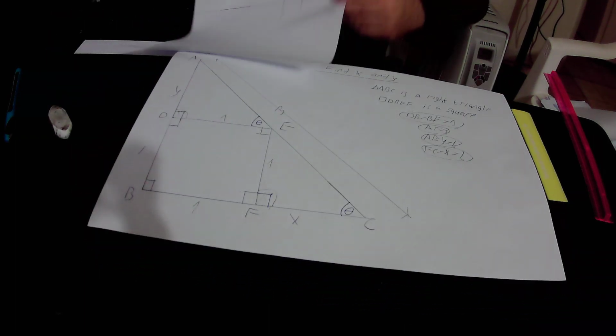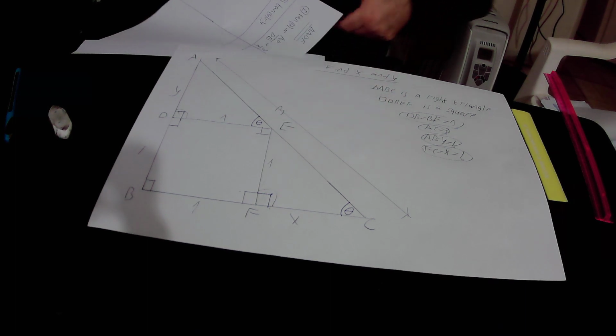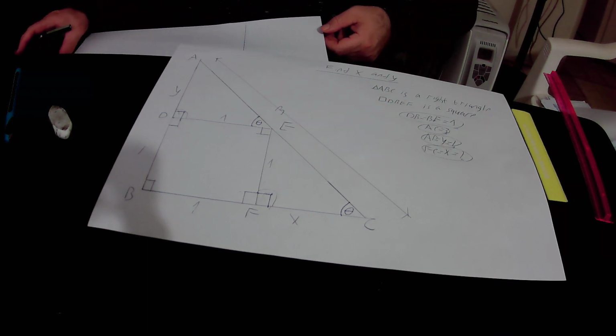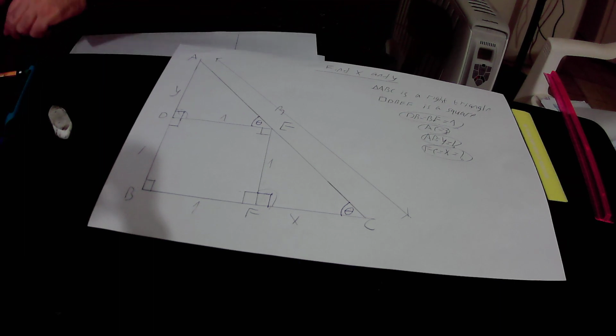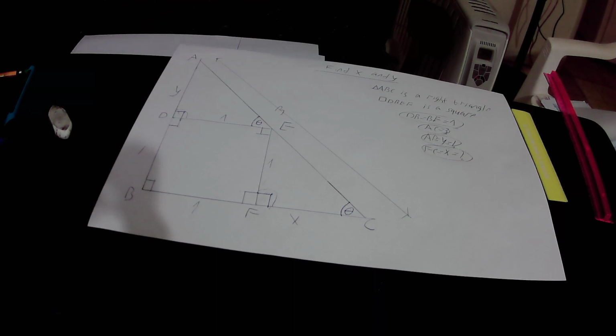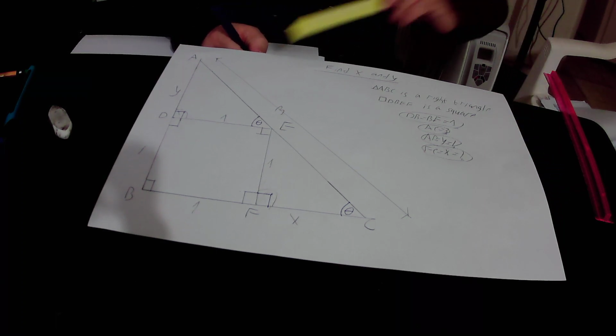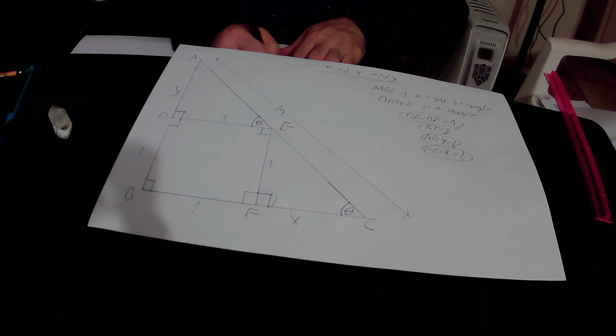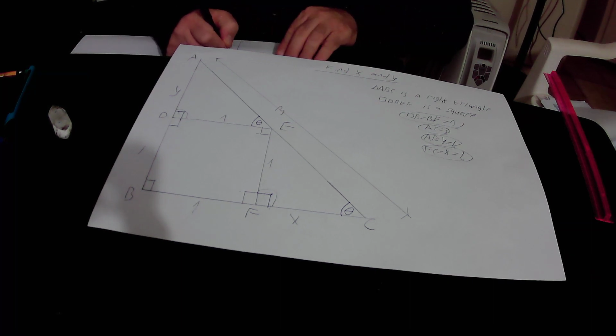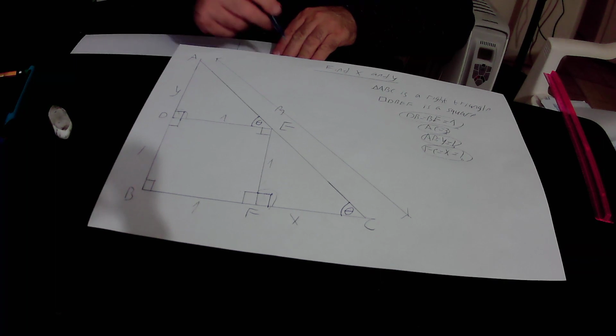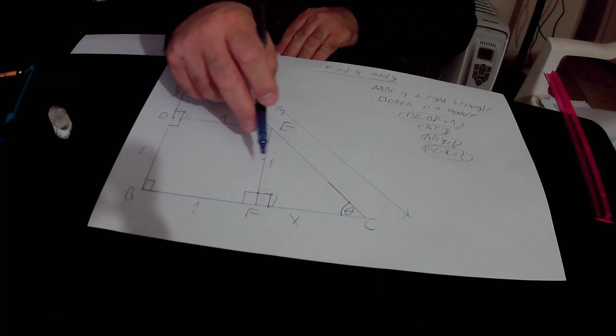In the next step, we will focus on the right triangle, triangle EFC. On the right triangle, triangle EFC, tangent theta equals EF over FC.